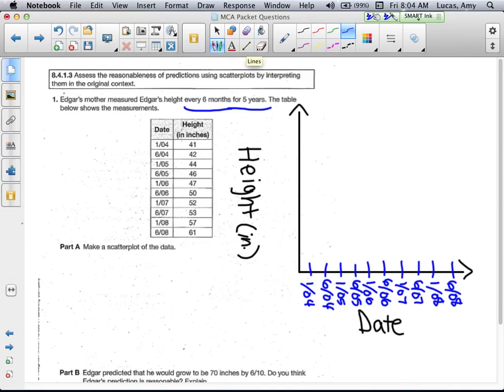And then the heights, for these heights, I'm going to put a little gap in my graph because I don't want to start at 0 necessarily. I'm going to start at 40. And just go by 5s.